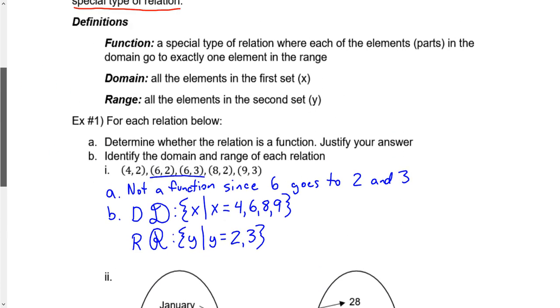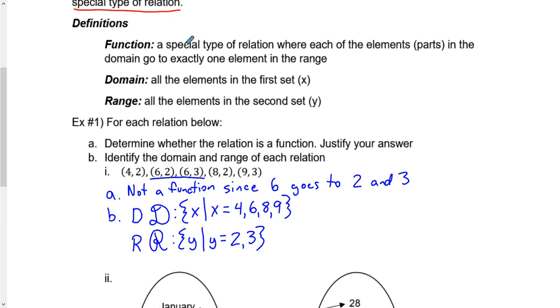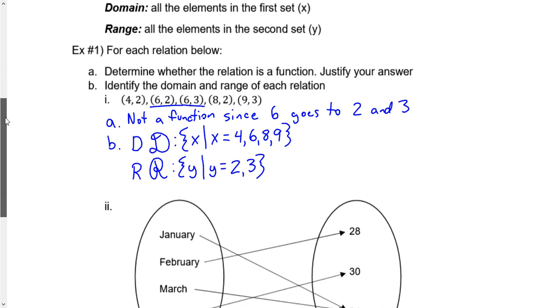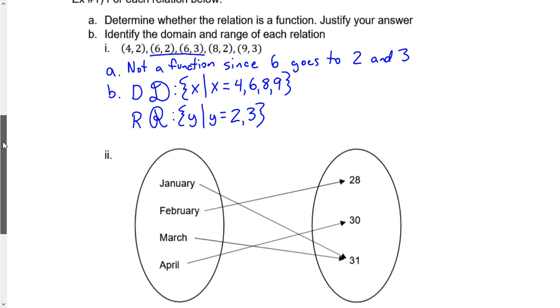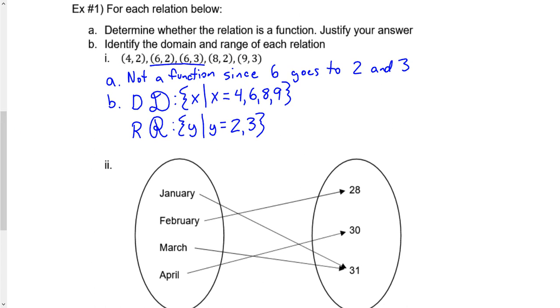So once again, let's go over the definition of function. It's a special type of relation where each of the elements or parts of the domain go to exactly one element in the range. So from here, do each of these go to exactly one element in the range? As you'll notice, this is an arrow diagram, whereas the first example was a set of ordered pairs.